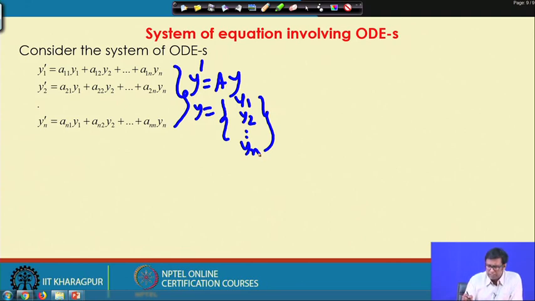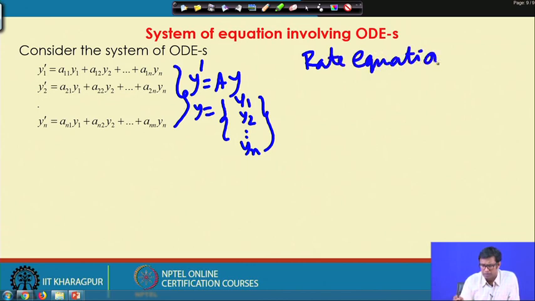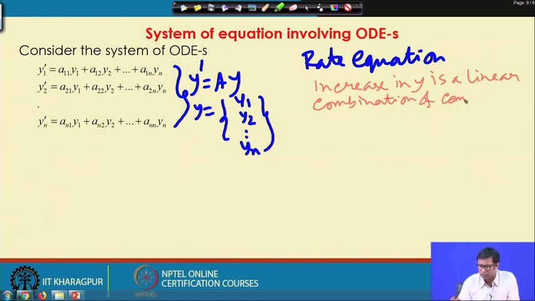What we can see is that this is a rate equation, that is, the rate of change of the y vector is a linear combination of the values of the different variables inside the y vector, and the increase in y is a linear combination of components.